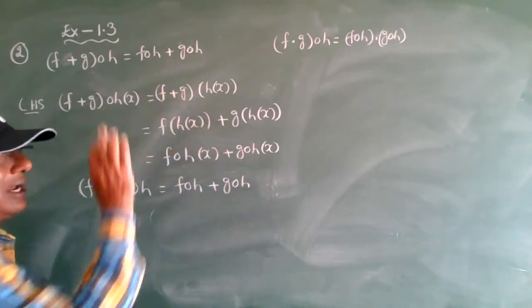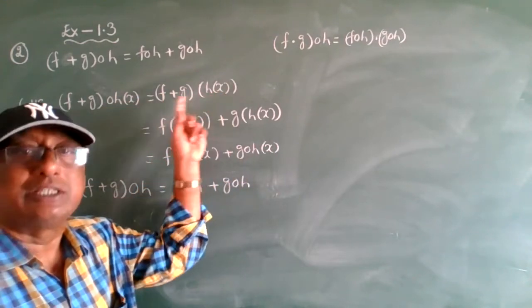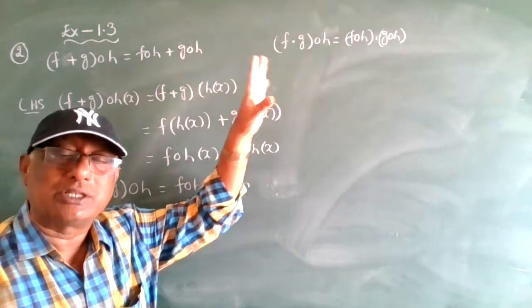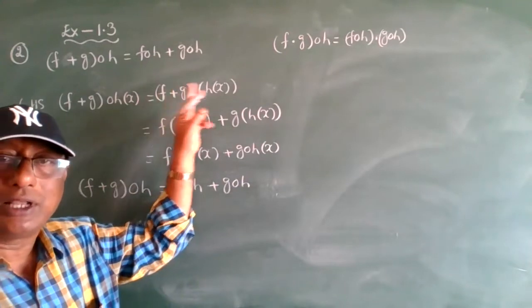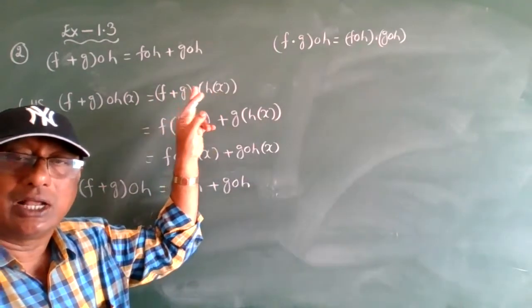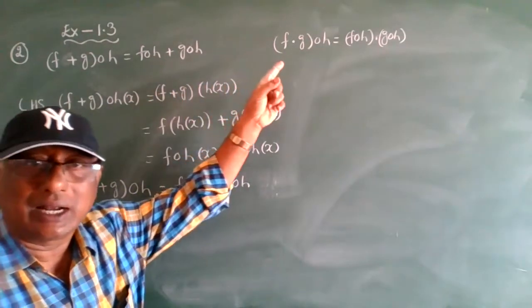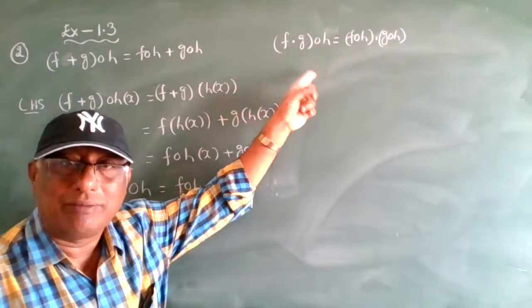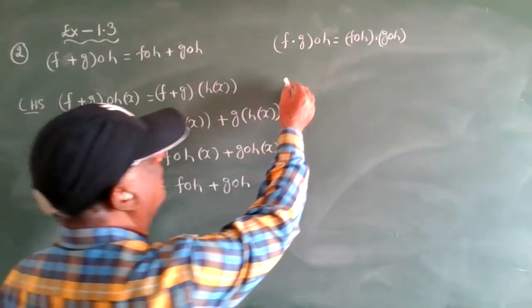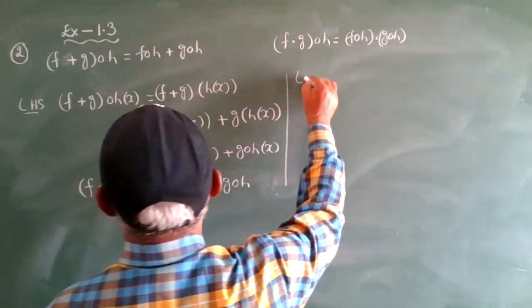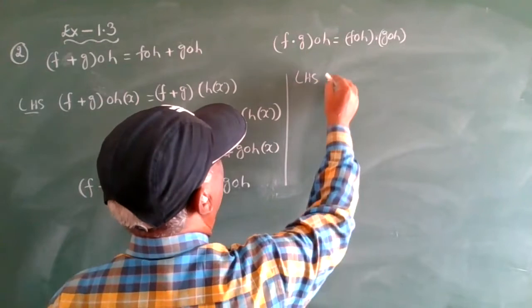So in addition, any function there means multiply. In multiplication, any function also multiplies with both functions. So F also multiplies with H of X, G also multiplies with H of X. Here also F multiplies with H of X and G multiplies with H of X. See, here we can take LHS.